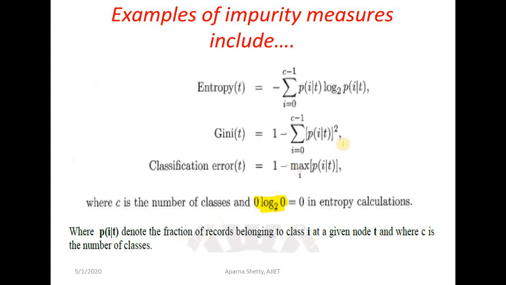So these three formulas you have to remember. These three are the impurity measures: entropy, Gini index and classification error. Very, very important.